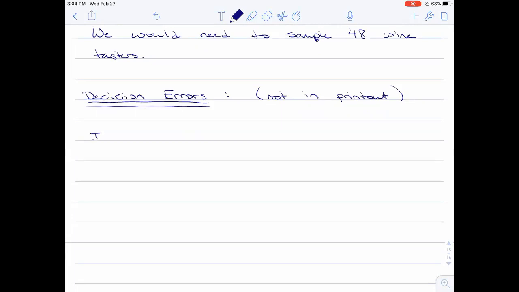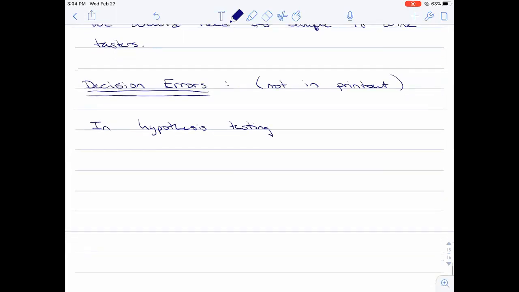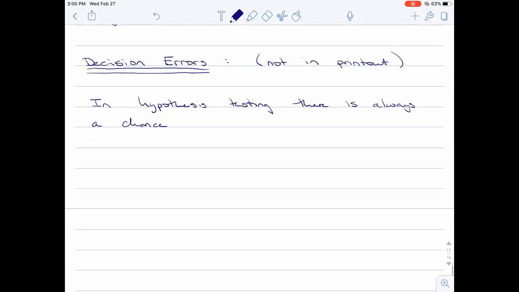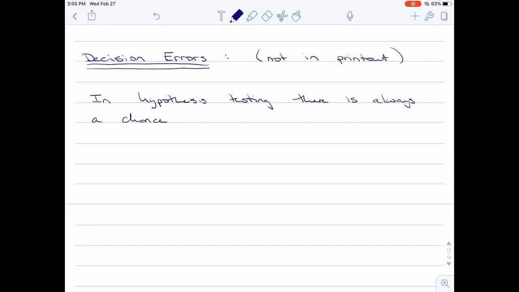So in hypothesis testing, there is always a chance that we have made a decision error.